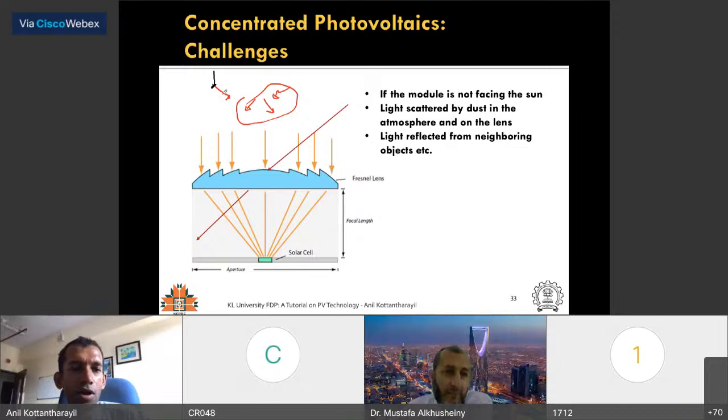If I take all this scattered light, part of this can also be reflections from other places, surrounding structures. Usually you call that albedo, but this is the scattered component. And this is the direct component: light that is coming straight down without scattering. So this is called direct.